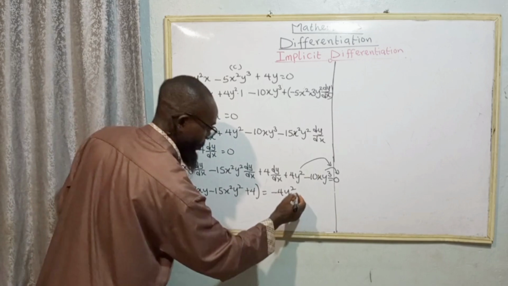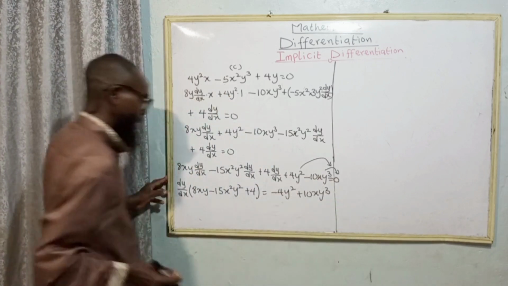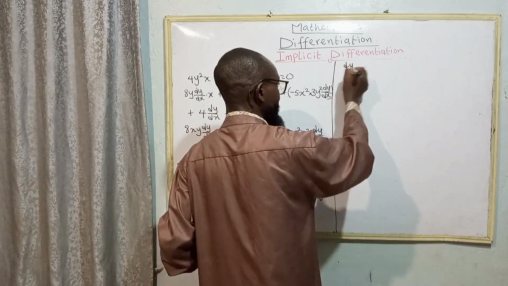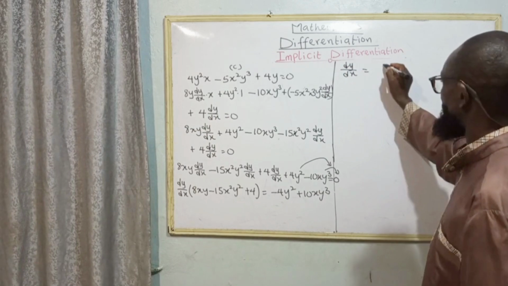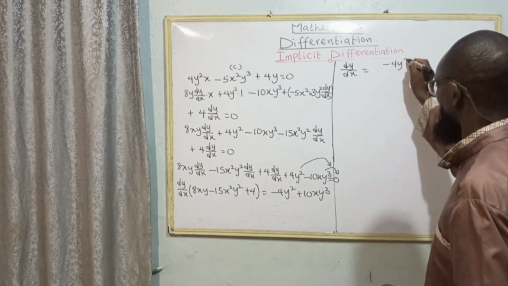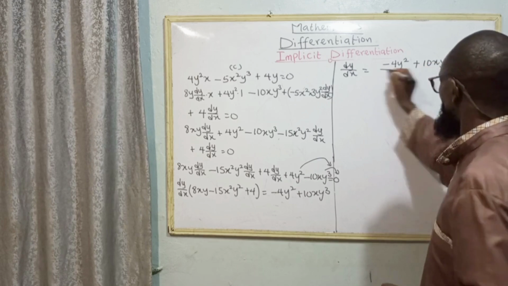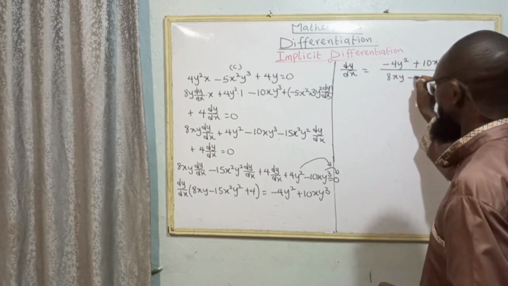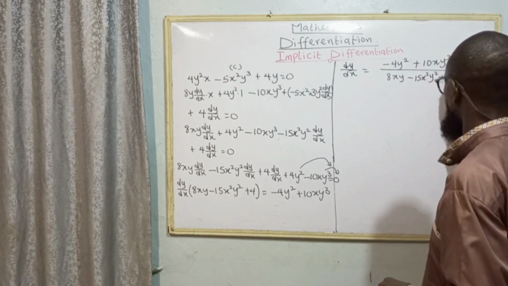This one moves out plus 10xy cubed. Now I have to divide both sides by this value. So my dy/dx will equal, if I divide it, minus 4y squared plus 10xy cubed divided by 8xy minus 15x squared y squared plus 4.